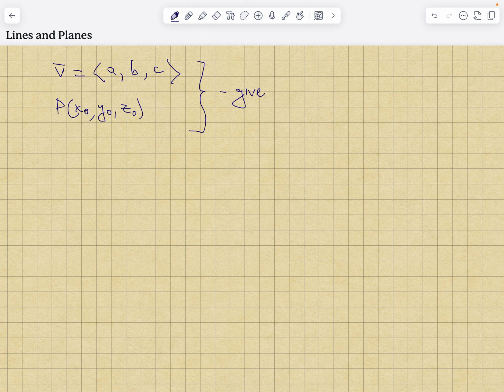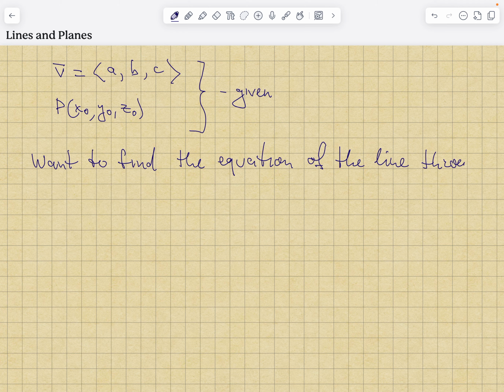and we want to find the equation of the line for the point P and in the direction of the vector v.